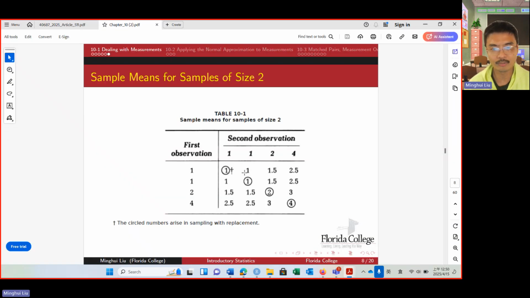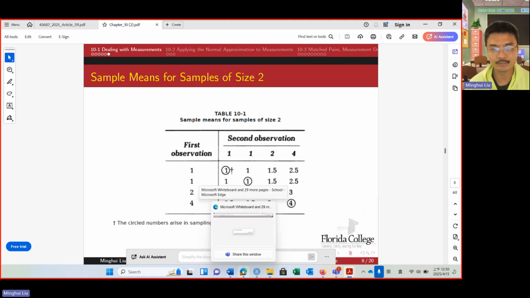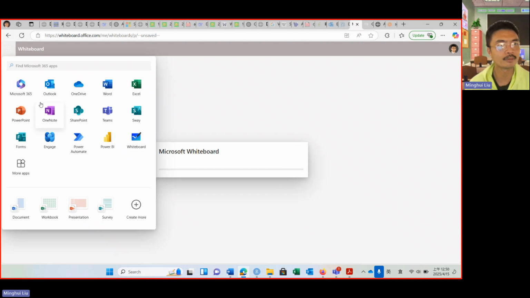We have 4 of them being ones, 4 1.5s, 4 2.5s, 1 2, 2 3s, and 1 4.